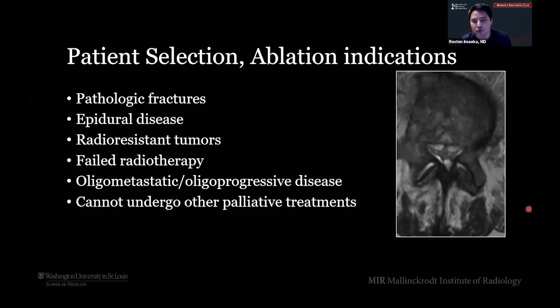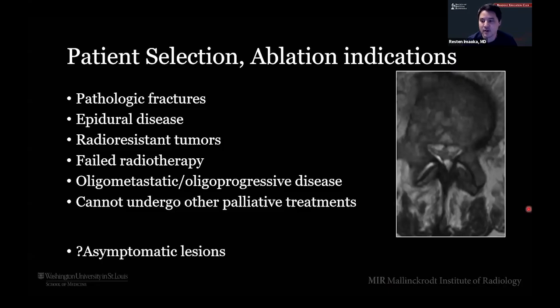And then, of course, people who, for whatever reason, cannot undergo any other palliative treatments, whether they're having concurrent systemic therapy, or maybe they're enrolled in a different study trial or something like that. And then added here, question mark, asymptomatic lesions. There's data from the rad-onc world where patients who have asymptomatic spine mets were treated with RT and they showed a trend of decreased skeletal related events, right?